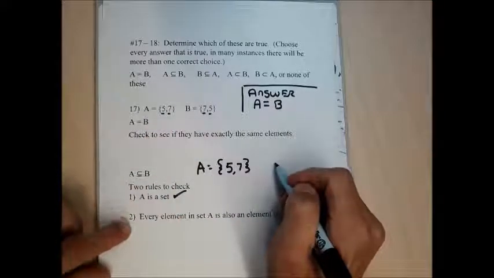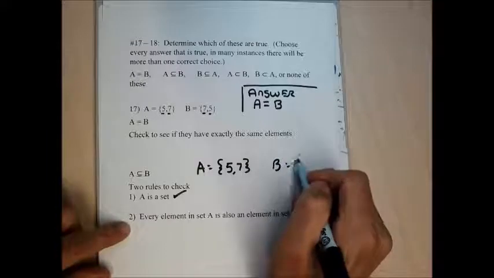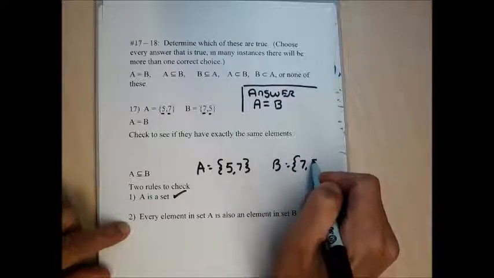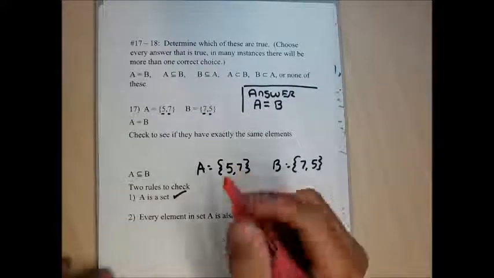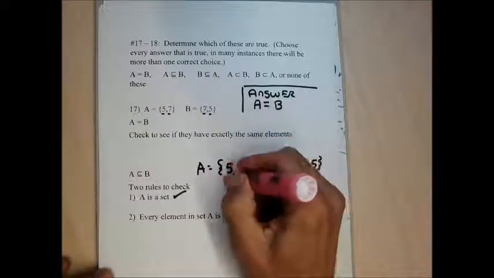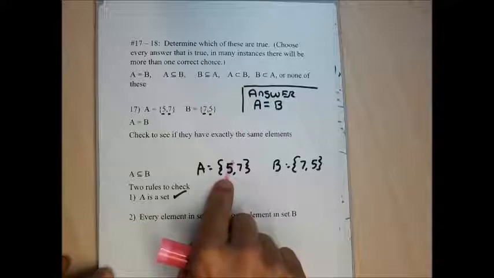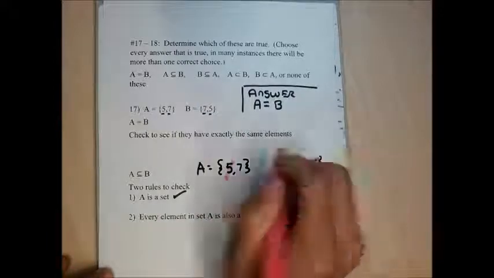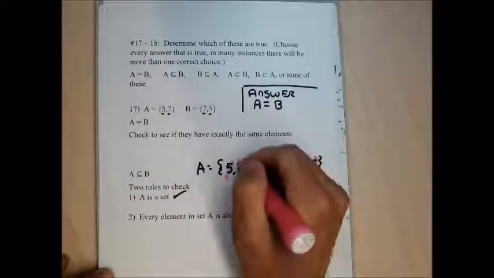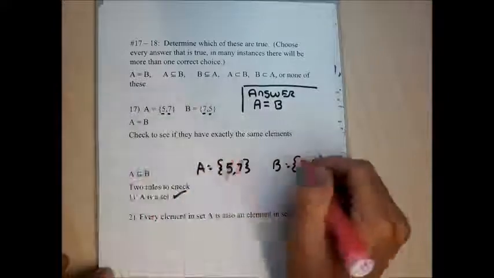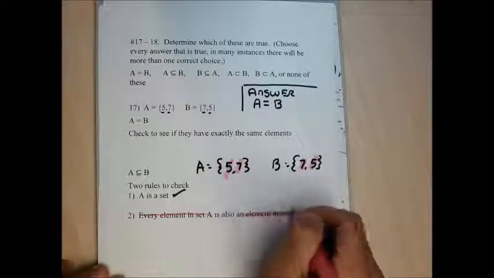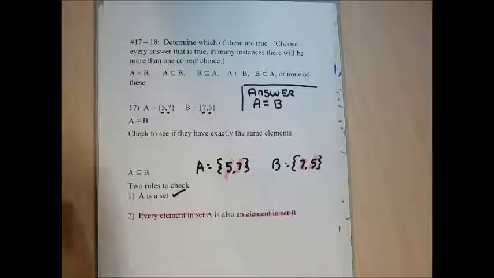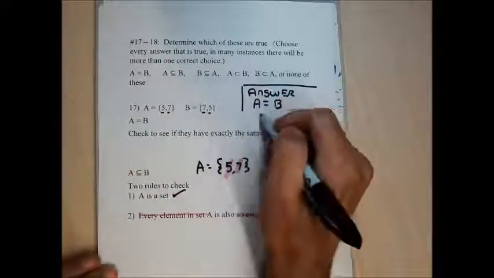The second rule I need to check is to make sure that every element that's in set A is also an element of set B. And it is the case that this holds, because 5 is an element of A. For A to be a subset of B, 5 would also have to be in B. 7's an element of A, and 7's also an element of B. So every element in set A is also an element in set B. So this is satisfied. So A is also a subset of B.